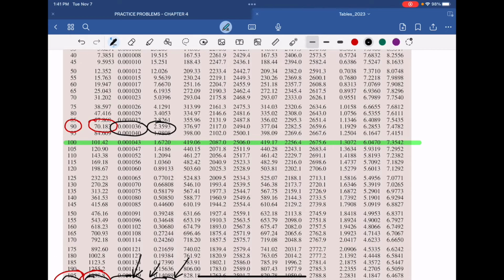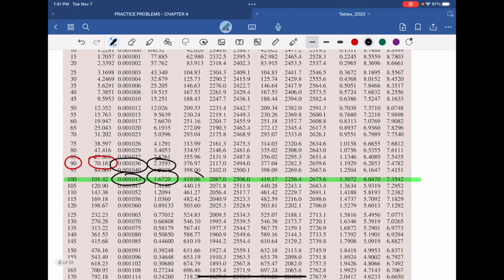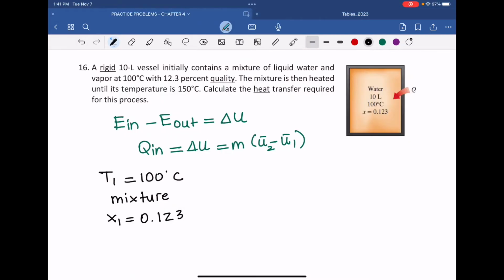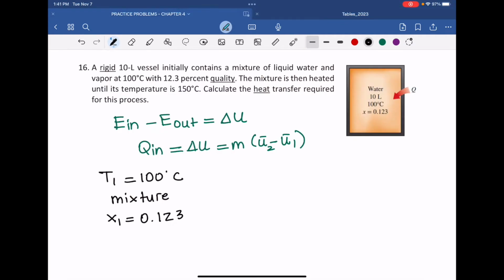What is the Vf, Vfg, or Uf, Ufg? Oh, this is Vg, Vf, and Uf and Ufg. So we can know those, and we can write it down and also use it in our calculations.